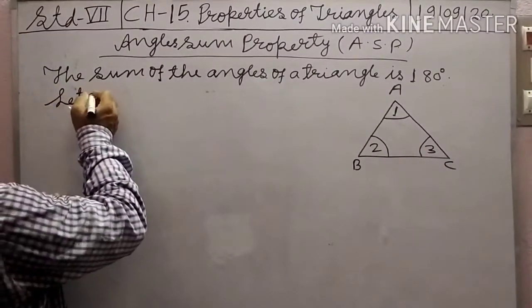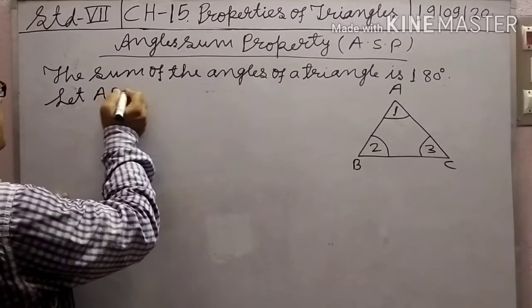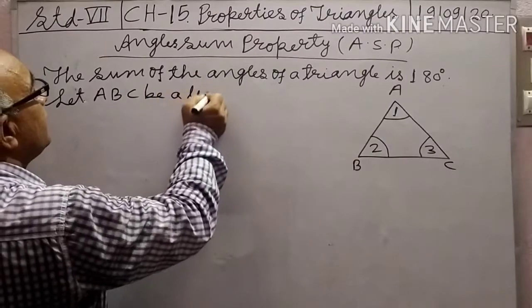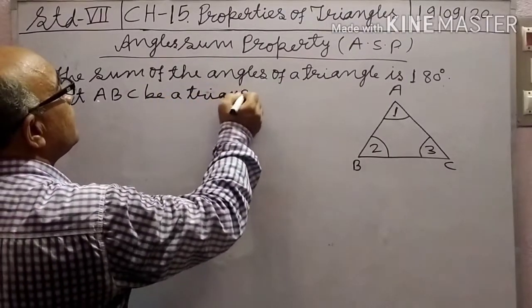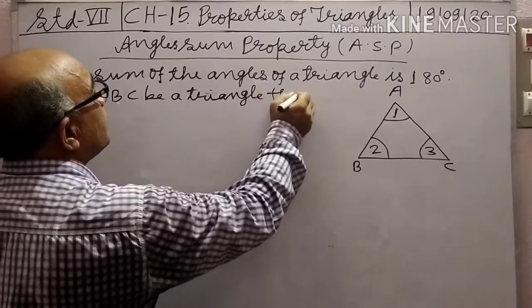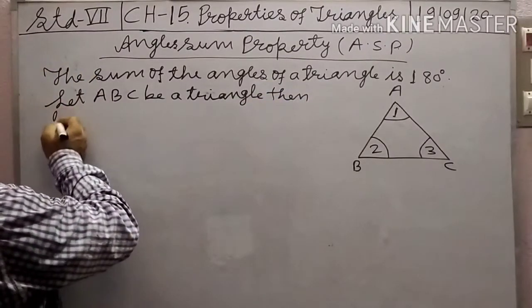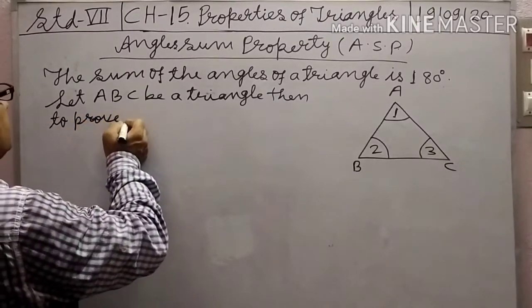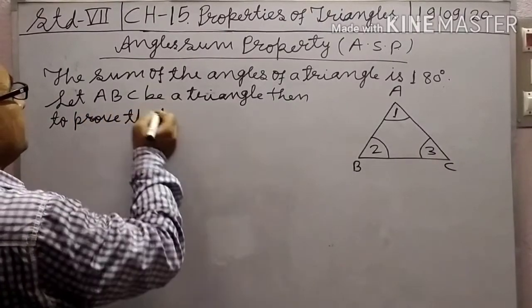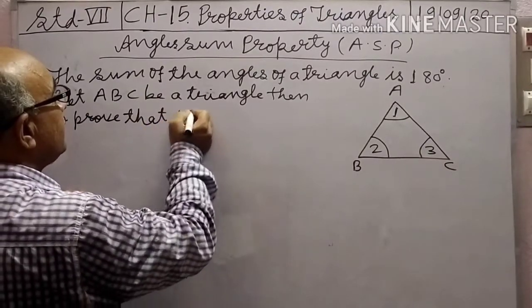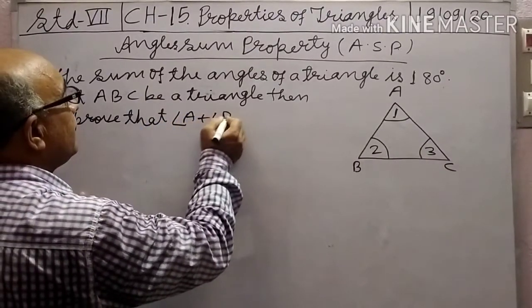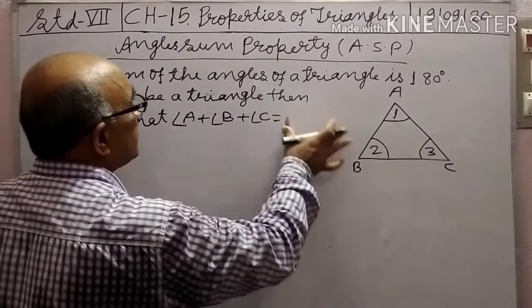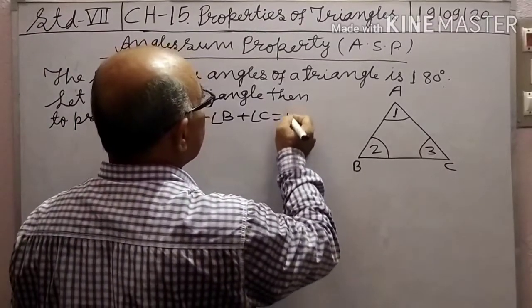Let ABC be a triangle, then to prove that angle A plus angle B plus angle C equal to 180 degrees.